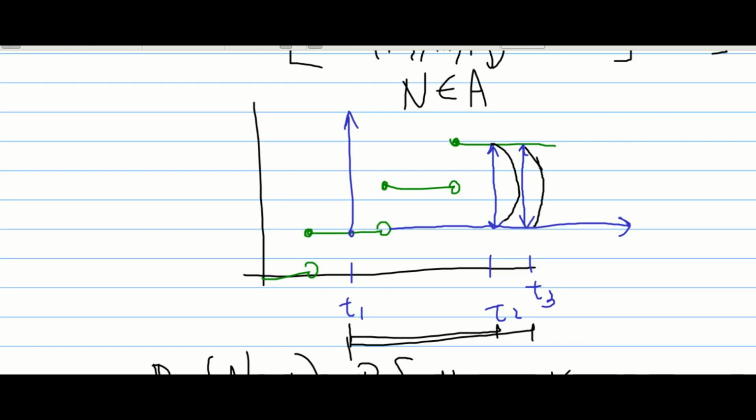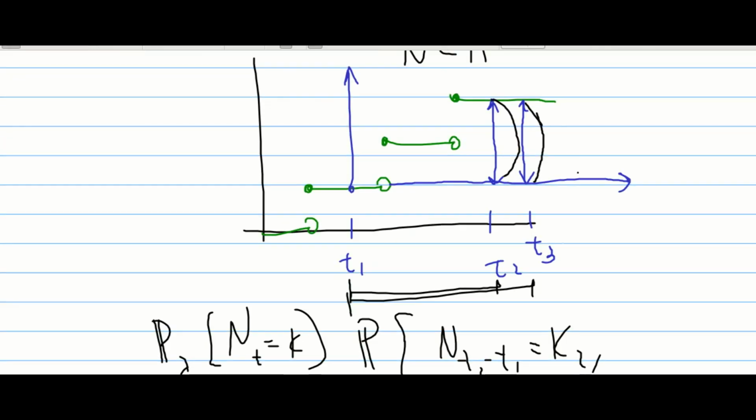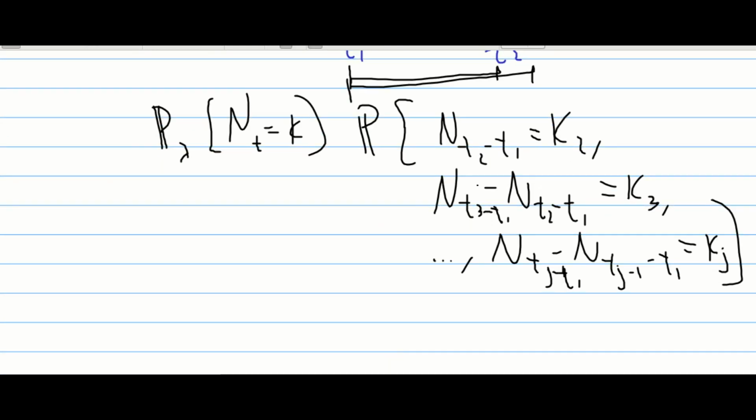This is the event A. You just forget the shift theta. So you see, we just managed to pop this thing out of the probabilities and shift every time by t1. But we are in the same situation as we had before, just that all the times are shifted.